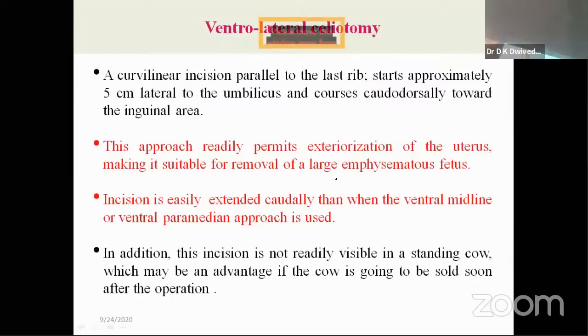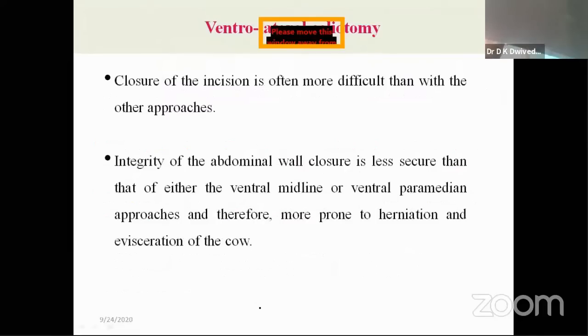In that condition, you may follow the ventrolateral celiotomy approach, and the incision is more easily extended caudally than when a ventral midline or ventral paramedian incision is used. Again, the closure of this incision is often more difficult, as I have already told you.